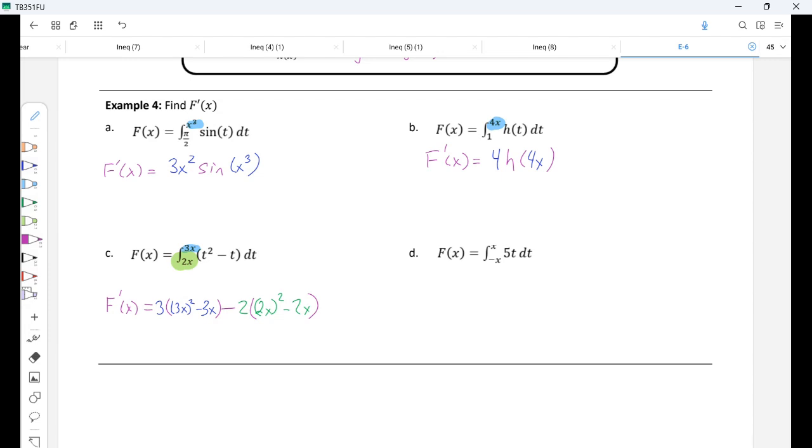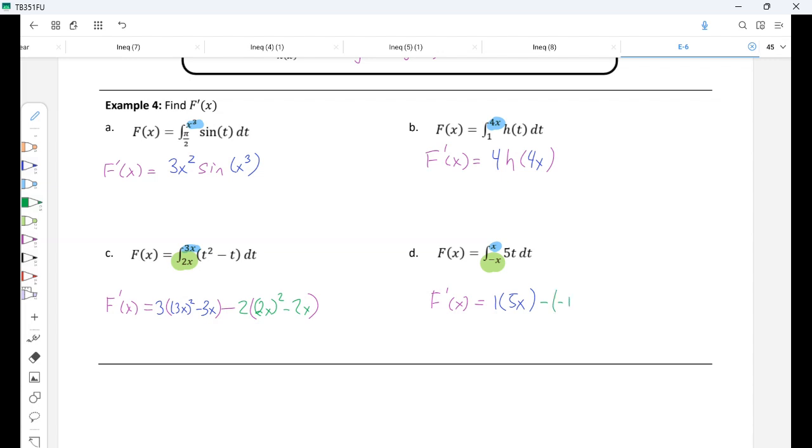And then last but not least, letter D, same deal. So that upper limit is an x, so when I go to do chain rule on that, that's just going to give me a 1, right? 1 times 5x. And then we're going to subtract, because again, this is just like the fundamental theorem. The derivative of negative x is negative 1.